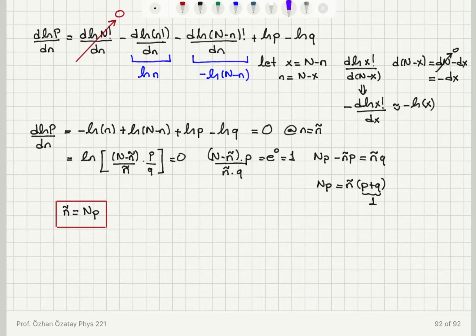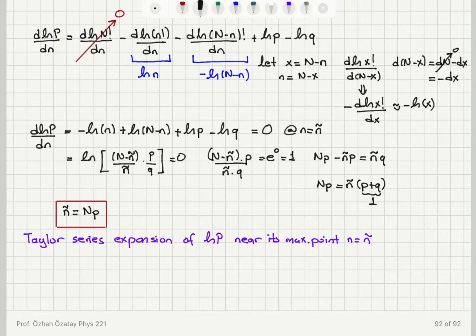So let's think about Taylor series expansion of natural logarithm of p near its maximum point n equals n tilde. So I'm going to use the Taylor series expansion for this one around its maximum value n tilde.